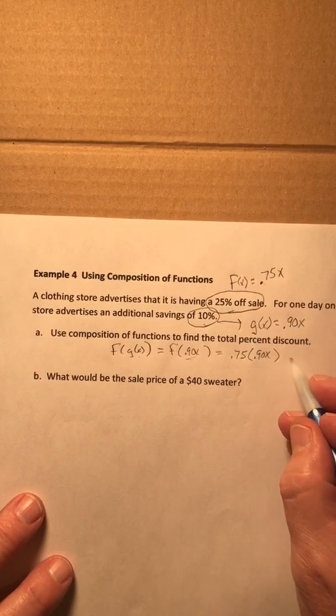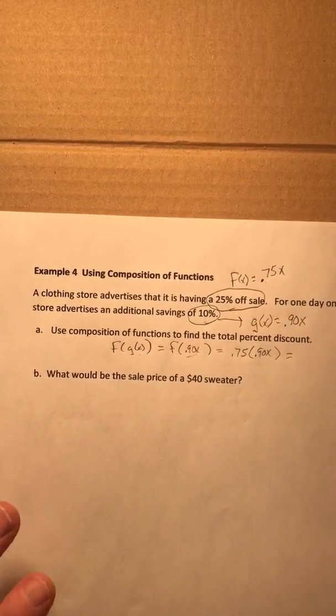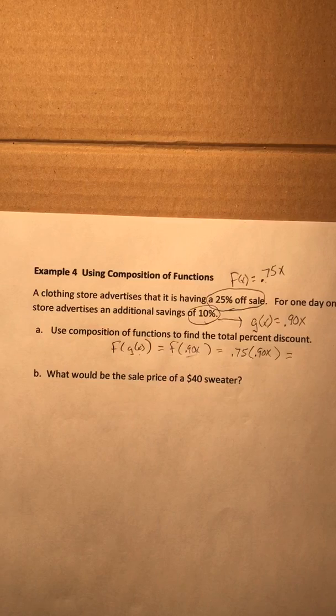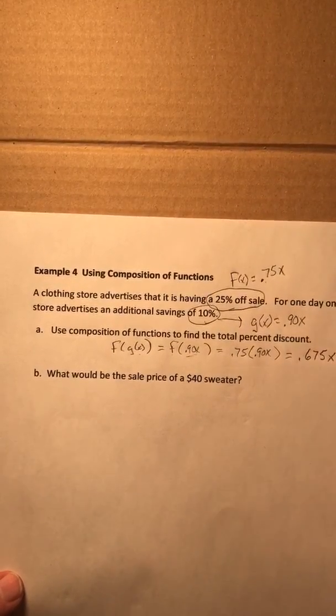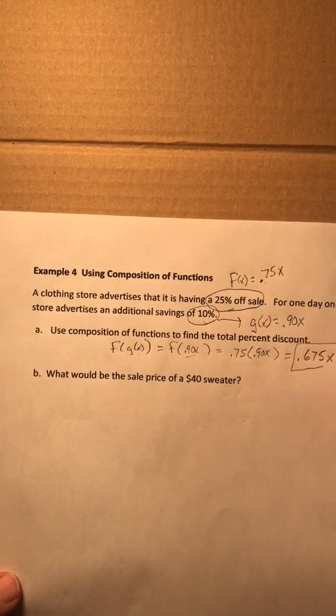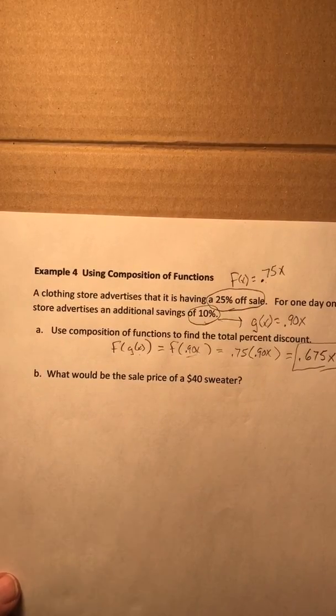And then all we have to do is multiply those. So multiply those two together. We do 0.75 times 0.90. And we get 0.675. So it's 0.675x. And that's what the composition of functions, that's what your total discount, or total percent discount, would look like.